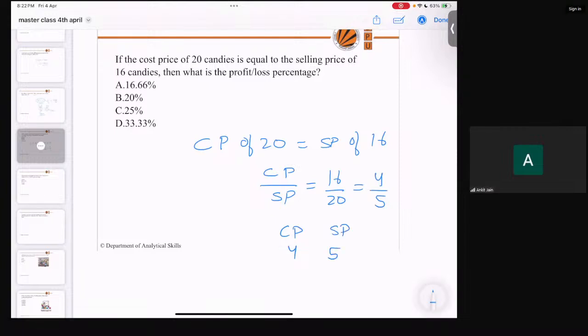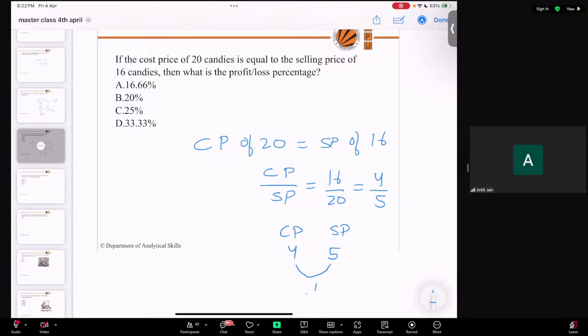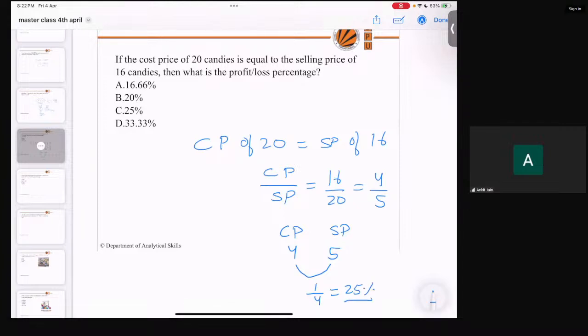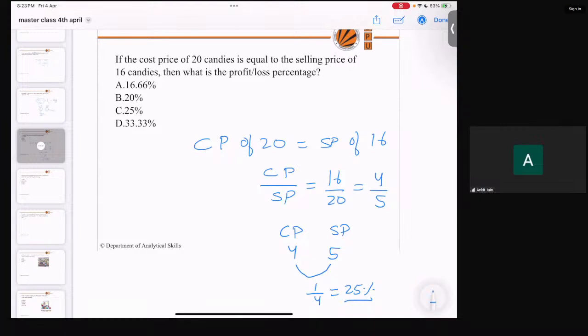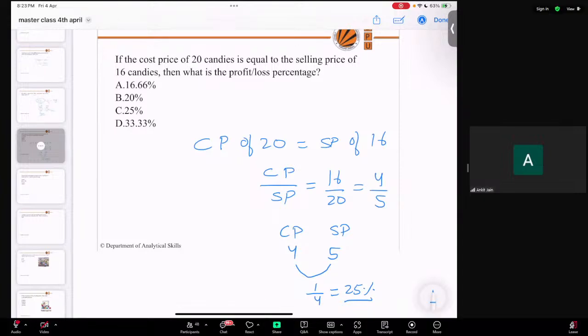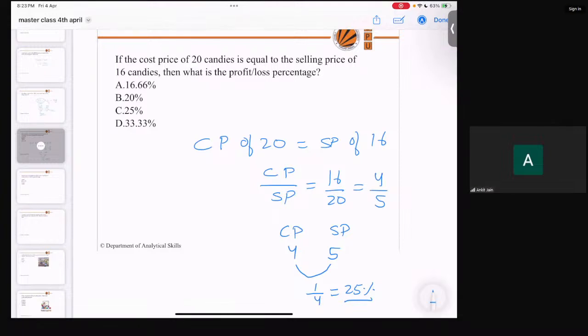So CP 4, SP 5 means what is the profit? Profit is 1 on 4. So 1 by 4 is 25%. Answer is 25%. See, the main thing is ratio. Once you find the ratio, you can reach the answer directly. There is no need for exact values.